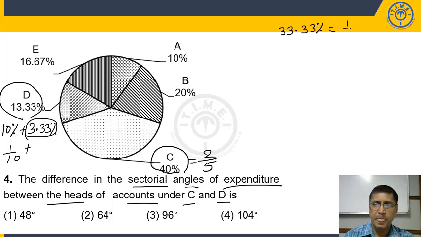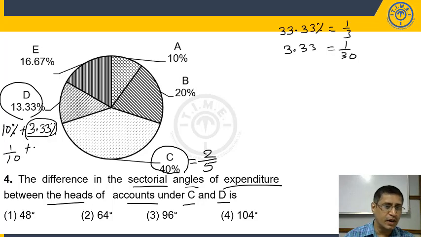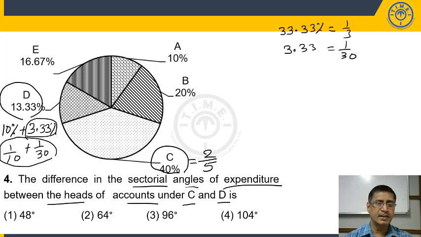Am I right? Now what is the value of 3.33? It is 1 by 30. When you add these two, how much you will get? Here it becomes 3 plus 1, 4 times. So 4 by 30 is equal to 13.33%.